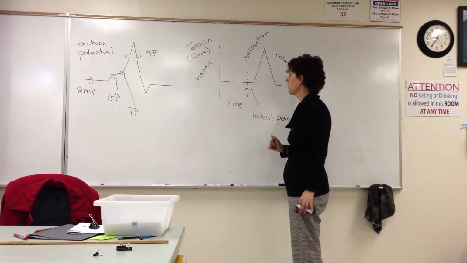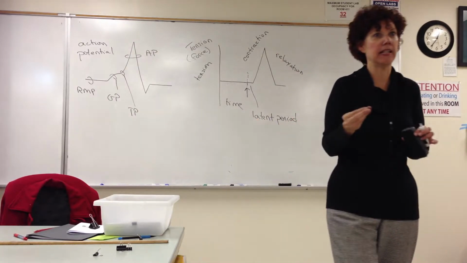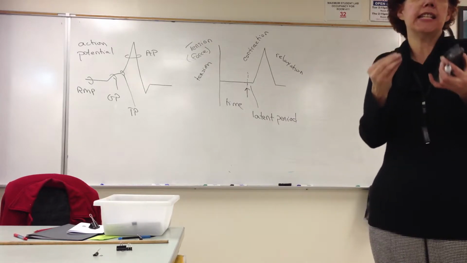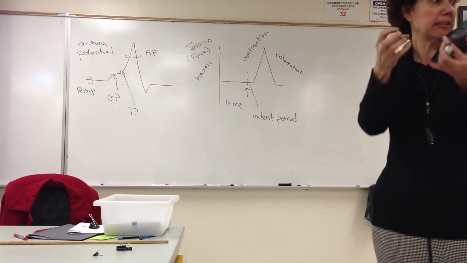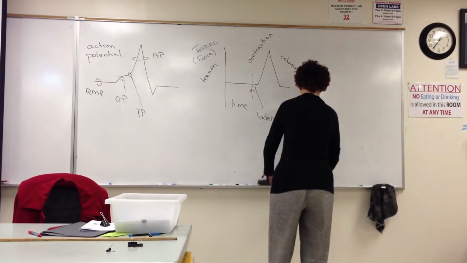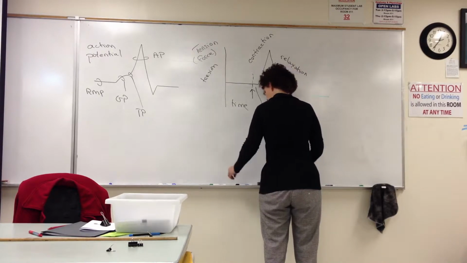Now, if we're talking about the creation of that tension, there is some activity that occurs before that tension is created. Remember I talked about the titin? So if we have our myosin, must be purple.